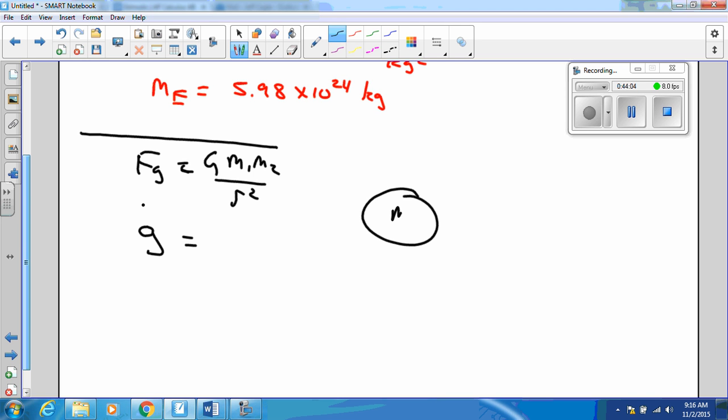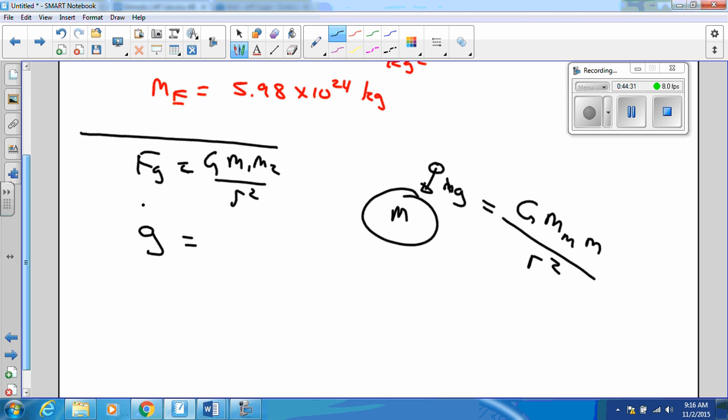Because if I have a large object here, say the moon, and I have a small object, say me, floating around the moon, then my force is going to be singular. It's going to have a single force pulling straight down. And since it's a gravitational force, I would label that as mg, right? But also, now with my newfound formula, I would also label that as G times the mass of the moon times the mass of me over r squared.